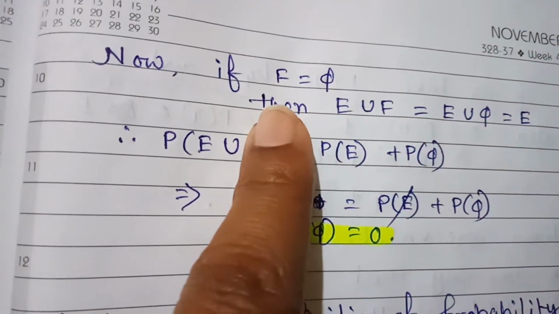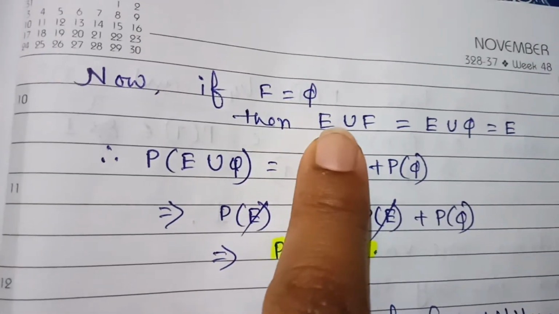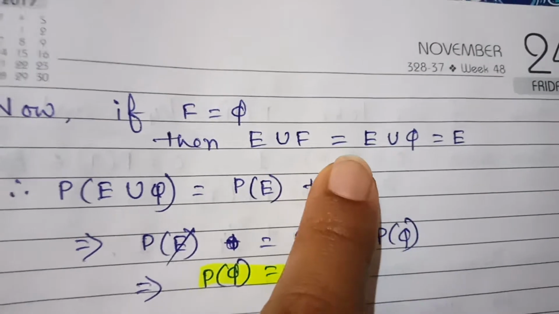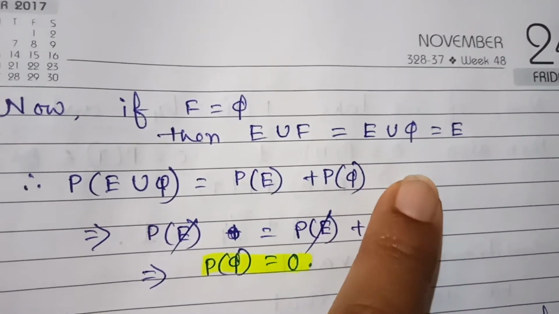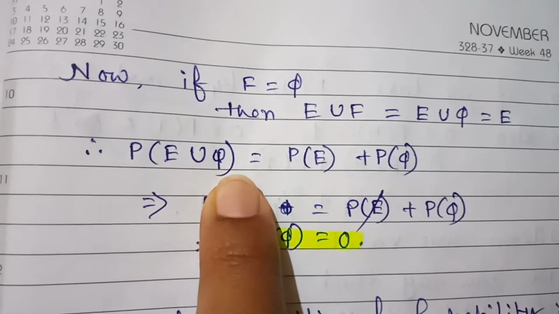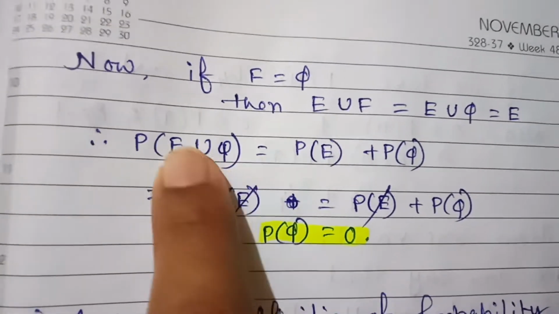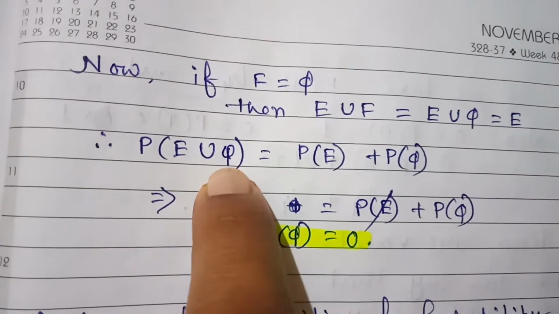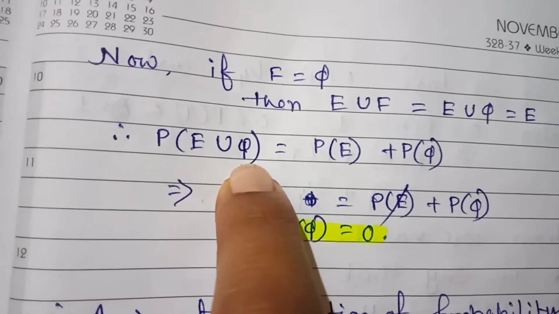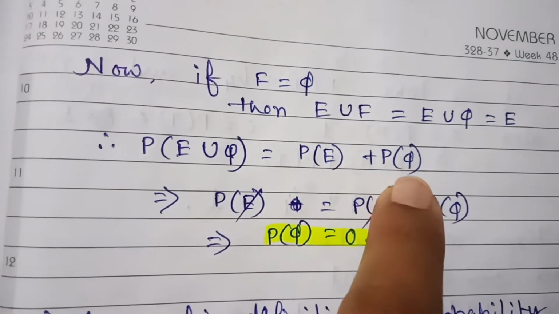Now, if F equals phi, then what will happen? F equals phi means E union F equals E union phi, which equals E. And P(E union phi): we have learned that if these two are mutually exclusive, that means they are disjoint sets, then this will happen.